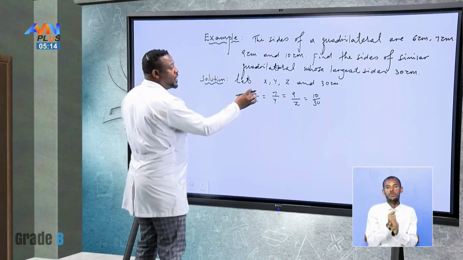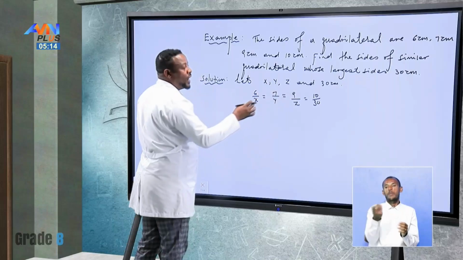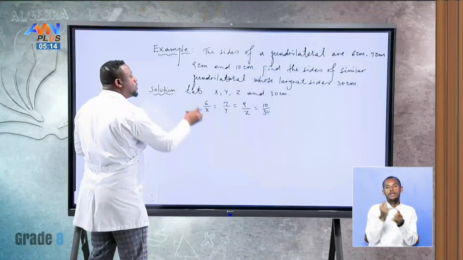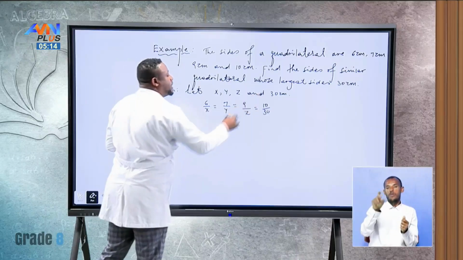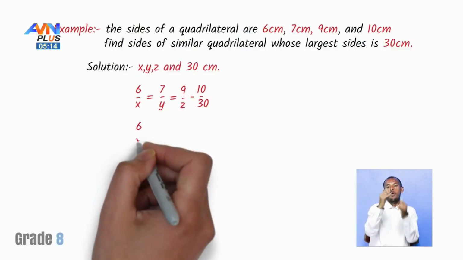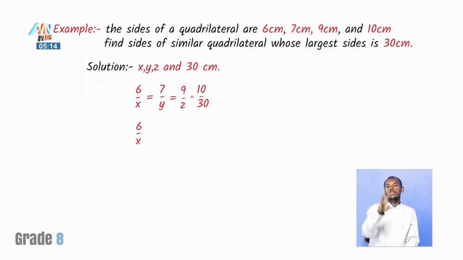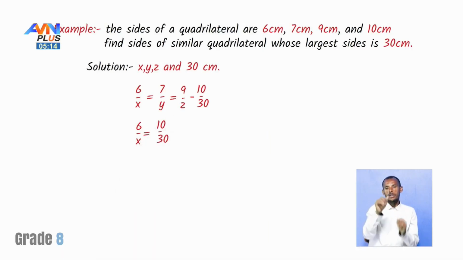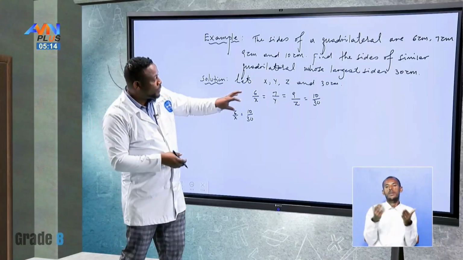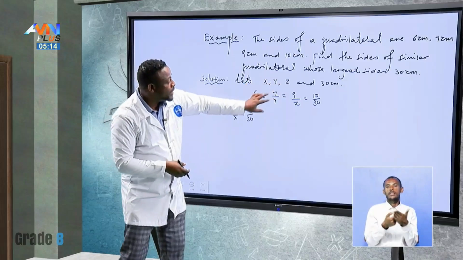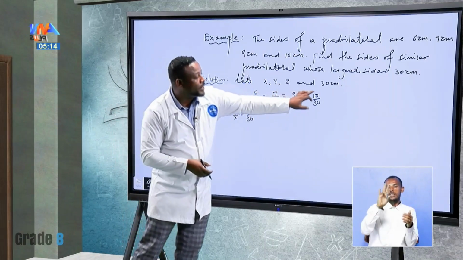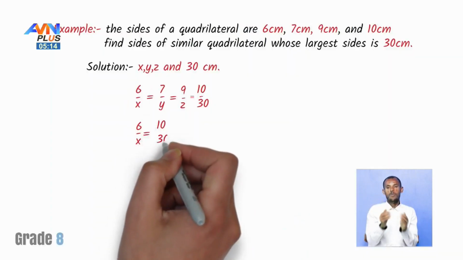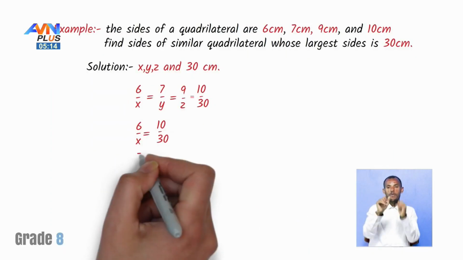Now let's take a pair of ratios and solve each variable separately. So take 6 over X and 10 over 30. Okay, 6 over X must be the same as 10 over 30. The other thing that we can take from this equation is 7 over Y and 10 over 30 are the same.